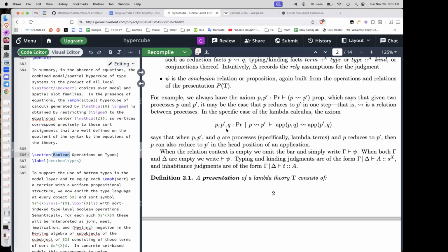And then we can look at something like lambda calculus and say, if we have P, P prime, and Q that are processes, and we have that P reduces to P prime, then the application of P to Q reduces to the application of P prime to Q. So this says in what contexts reduction can occur. So if we have some reduction here, we can do that same reduction in the term context where P is in the head position.